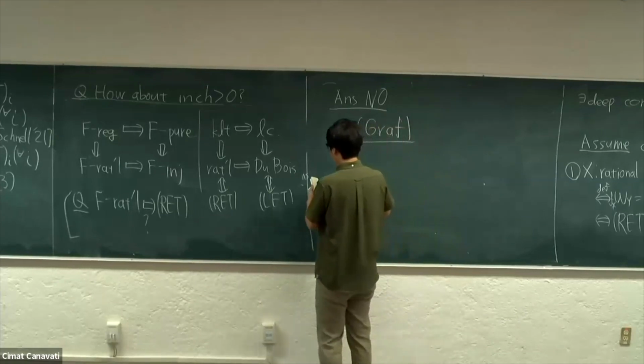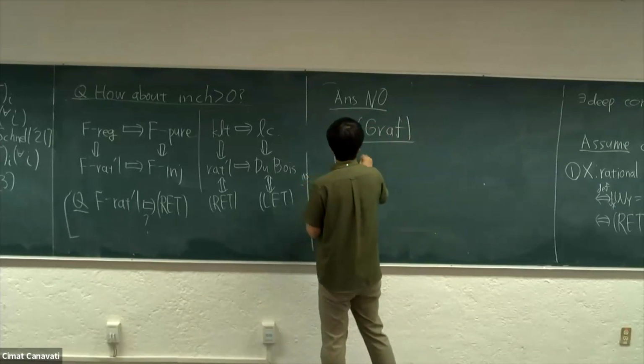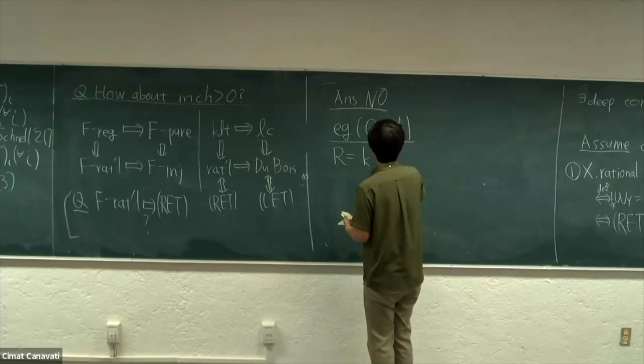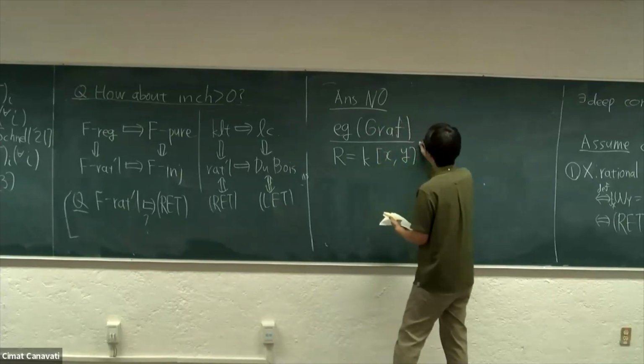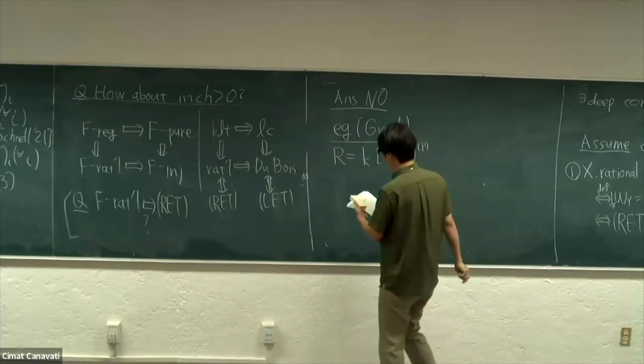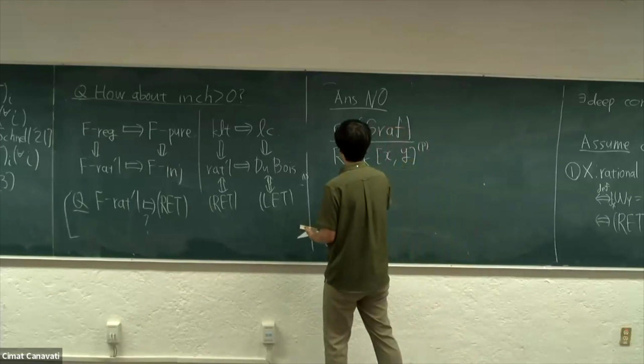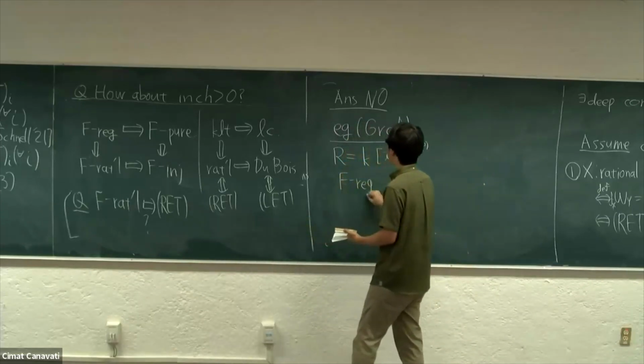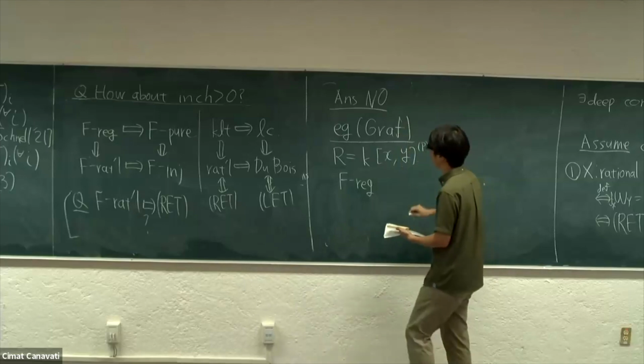So let us consider characteristic p, and the p-th Veronese ring of a polynomial ring. Then this is F-regular because it is a direct summand of the polynomial ring.